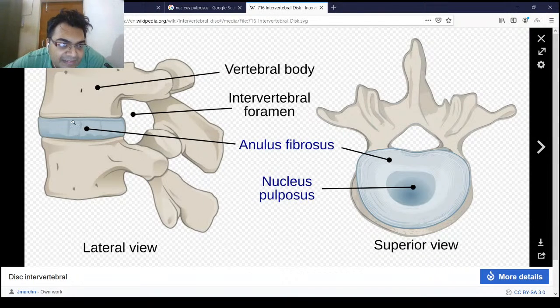If you see this disc here, this has been viewed here. So the inner part that I was talking about is the nucleus pulposus. Okay, this is the matrix part. The fibrous annulus or annulus fibrosus is the outer part.